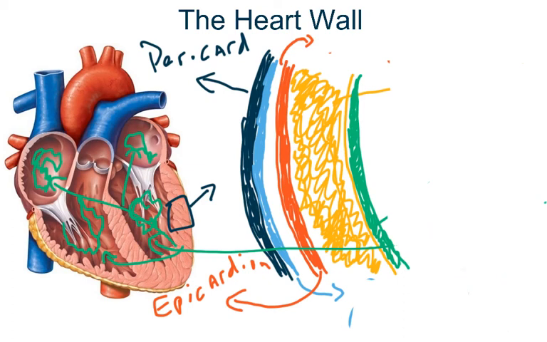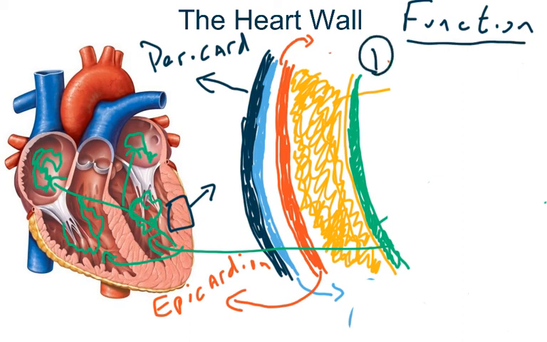So, let's talk about the function of each of these. One, which is our pericardium. Just going to use an abbreviation here. Its primary function is outer protection.